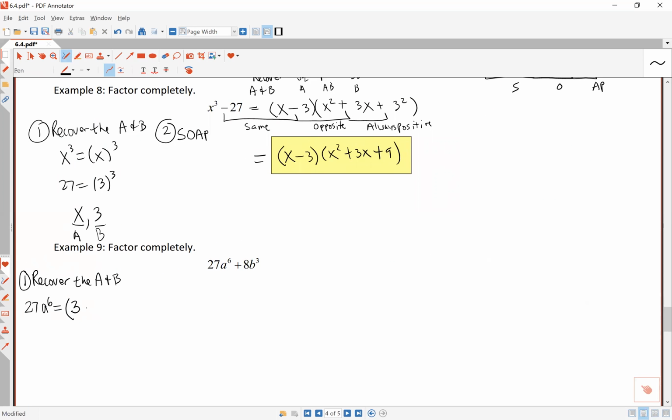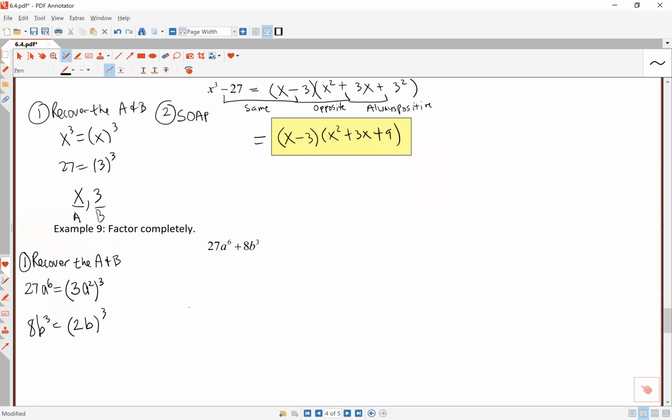And then a to the 6th, if you take 6 and divide by 3, that's an a squared. So the first piece is 3a squared. The second piece is 8b cubed, which is the cube of 2b.